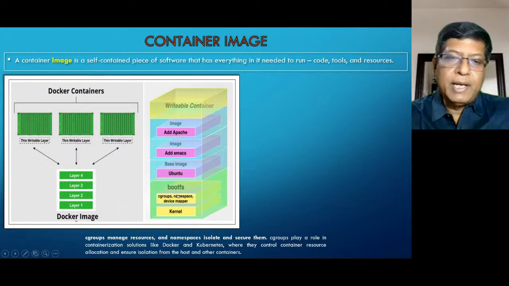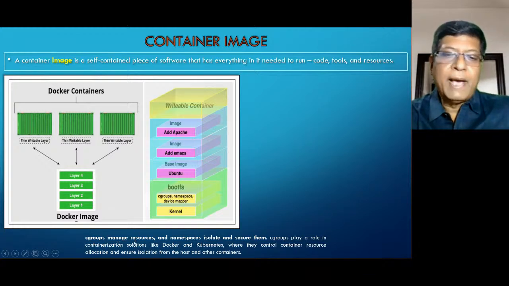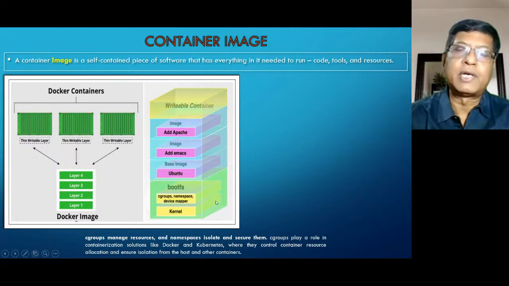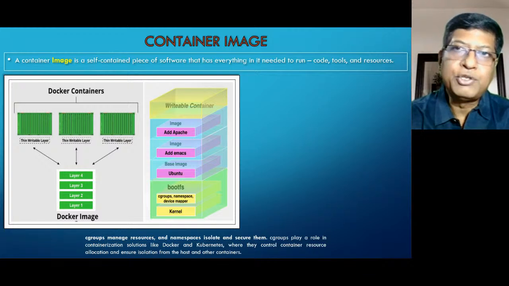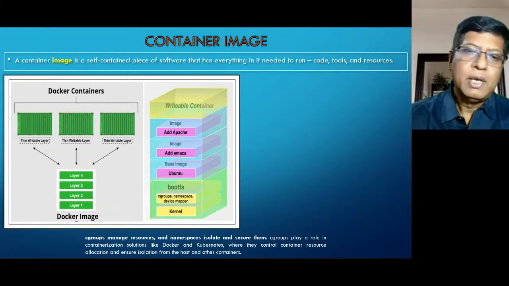And this kernel will again have a top layer, which is the C group. C group will manage the resources. What is the function of the kernel of an operating system? It will manage all your resources, whether it's a printer, a monitor, your keyboard, video devices, audio players, whatever it is.